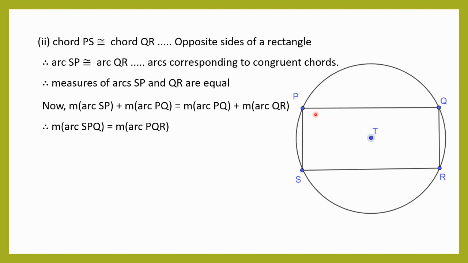Similarly, arc PQ plus arc QR is arc PQR, so in place of arc PQ plus arc QR, we have written measure arc PQR. Therefore, measure arc SPQ is equal to measure arc PQR. Since the measures of these two arcs are equal, we can say that arc SPQ is congruent to arc PQR.